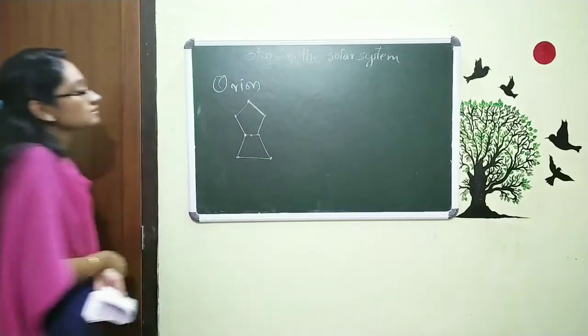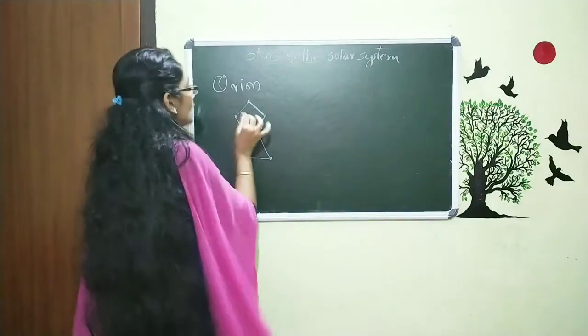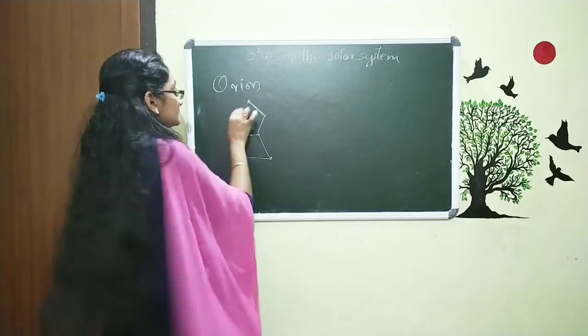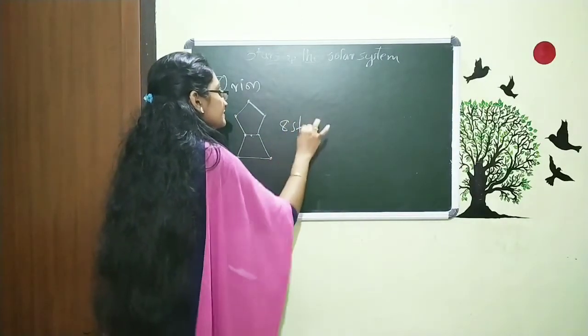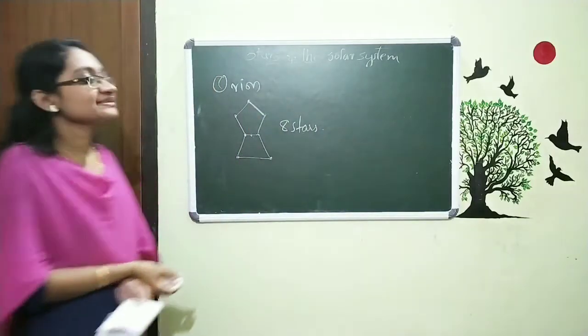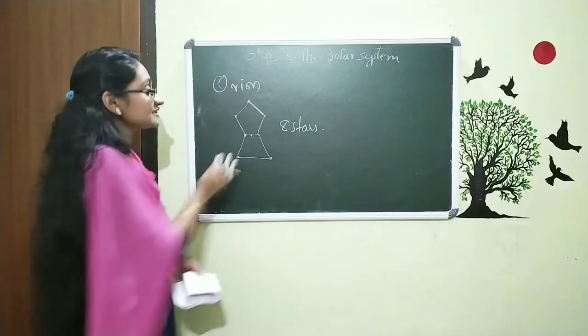This is Orion. So how many stars are there in this? 8 stars. 8 bright stars are there in this Orion.